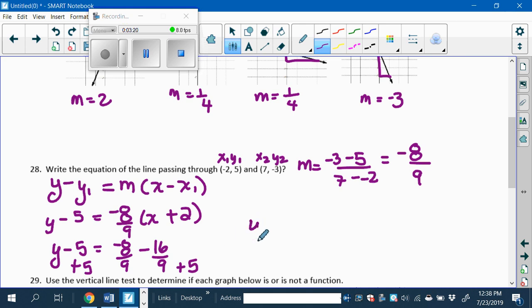So I get y is equal to negative 8/9 x, and then I'm going to do negative 16/9 plus 5. So that's just going to be 29/9.